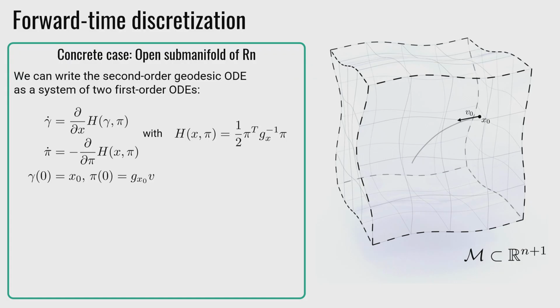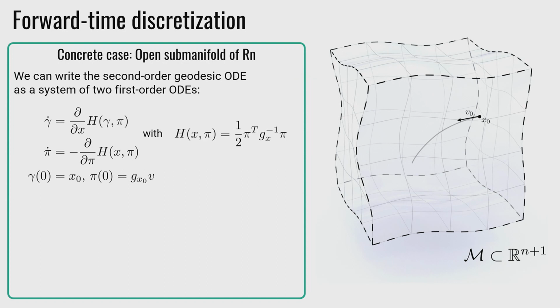But this metric, of course, depends on your point in space. That's important to note. And then basically your curve is given by differentiating this Hamiltonian for the first component, and for the momentum, which is something like the tangent vector, the direction, you get the second component with the minus.